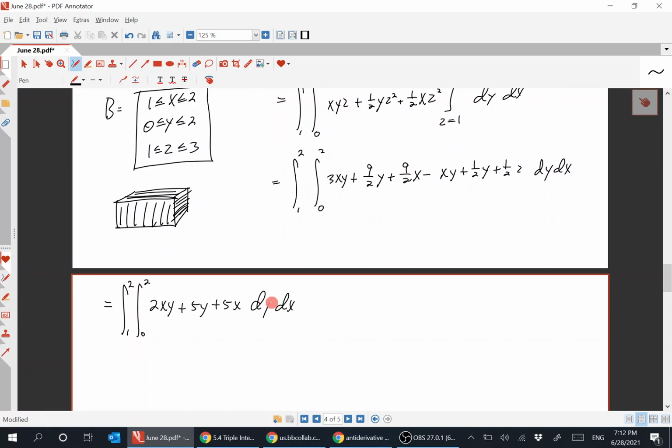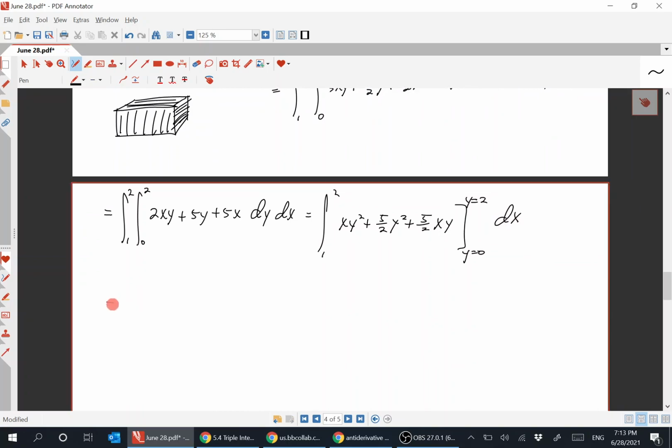So antiderivative with regard to y, so that's xy squared plus 5/2 y squared plus 5/2 xy. Yeah, 3 terms. From y equals 0 to y equals 2, dx. So this is the integral from 1 to 2.